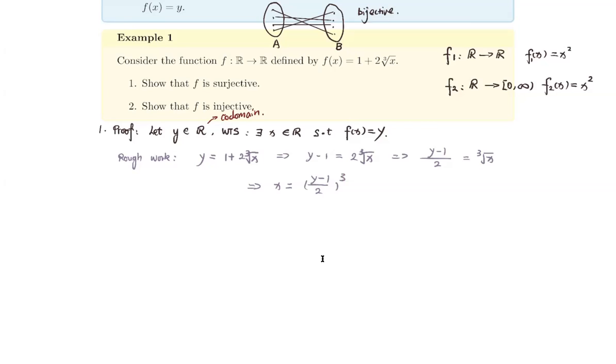So here is my formal proof. Let x equal y minus 1 over 2, cubed. Since I know y is a real number, x must be a real number as well. So now I picked a real number x, and I want to show that f of x equals y.